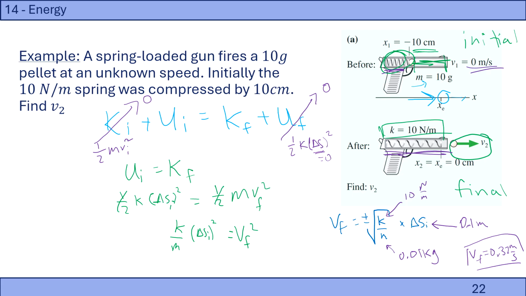Yeah, so this is the same kind of problem as earlier, where we go from potential to kinetic, and this time we just have a spring potential, a different formula, but the same sort of overarching theme of looking for these changes in the energy. It's not always going to be so nice that the potential and kinetic go away, but there's always going to be a way to find them using the formulas in these problems.